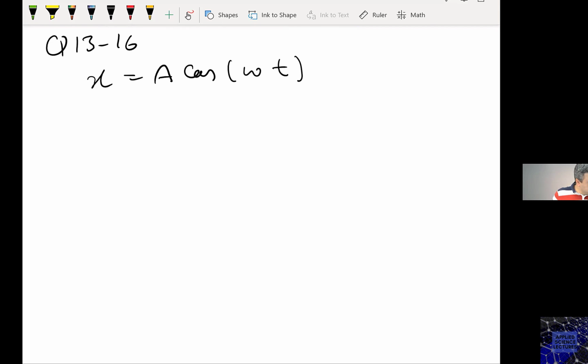So the displacement is 2.5 centimeters. If the frequency of the simple harmonic motion is 2.8 hertz, what is the amplitude of the simple harmonic motion?